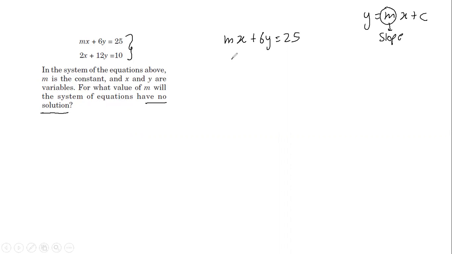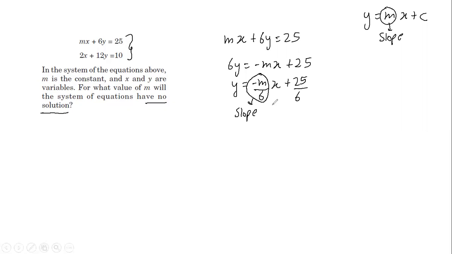So in this case, I can say 6y is equal to minus mx plus 25. That will make y is equal to minus m over 6 times x plus 25 over 6. So from this equation, I can clearly see that the coefficient of x is the slope of the first line.